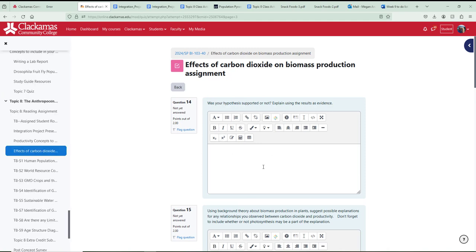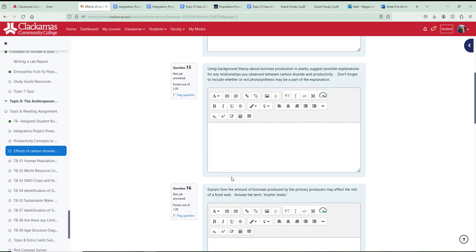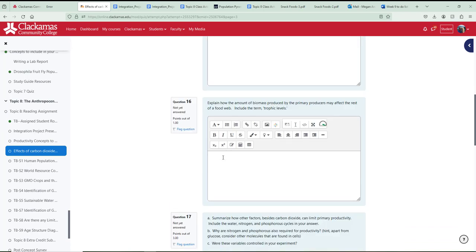And then here is where you're going to finally interpret the results. You might want to refresh our memories of what your hypothesis was and then explain whether it was supported or not, using the evidence. Then use background theory about biomass production to suggest possible explanations for the relationships you observed. Discuss whether or not photosynthesis may be part of the explanation.